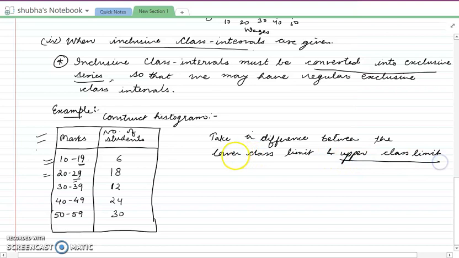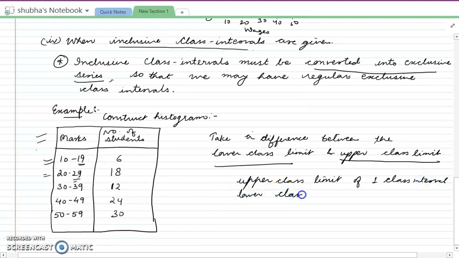Which one? Look, we'll take the upper class limit of one class interval and the lower class limit of the next class interval. Like here, this is the upper limit of one class interval and 20 is the lower limit of its next class interval. So we take the difference between 20 and 19.